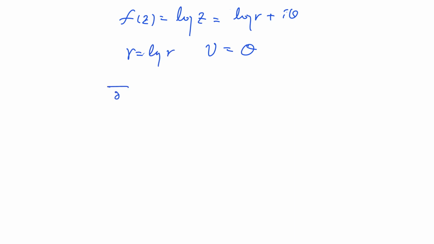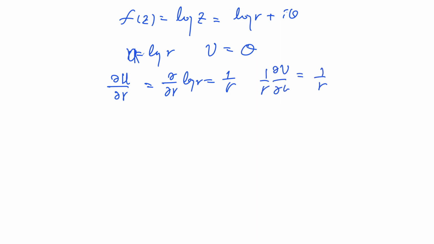So partial u over partial r is 1 over r, and partial v over partial theta is 1, so partial u over partial r is 1 over r partial v over partial theta. The Cauchy-Riemann condition is satisfied, right? The other condition is 0 and 0. So perhaps you can take a break for a few minutes and continue, okay?